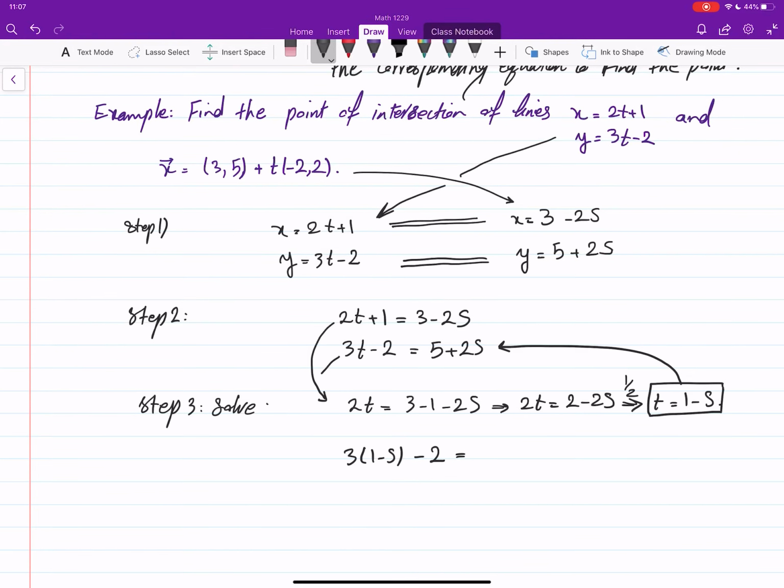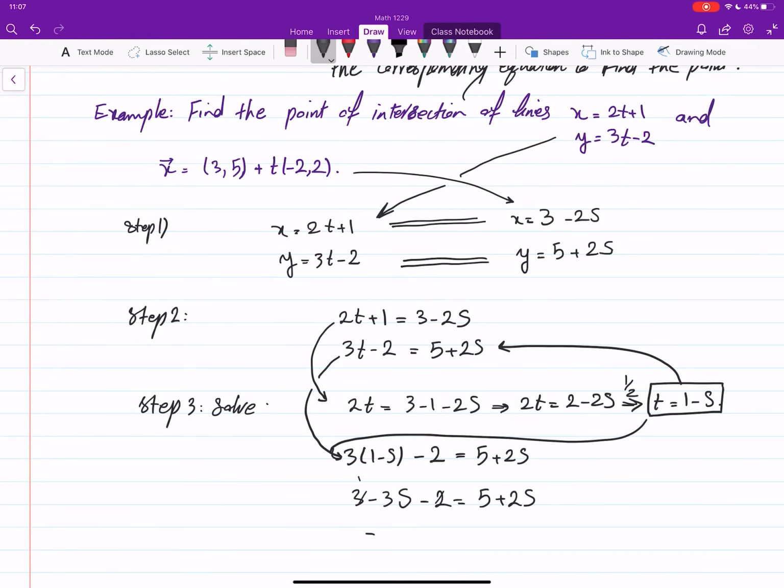So this is the equation, 3t minus 2 equals 5 plus 2s. For t, I put 1 minus s, and then the right hand side is 5 plus 2s. Well, this is 3 minus 3s minus 2 equals 5 plus 2s. And then try to solve this. This and that gives us 1.